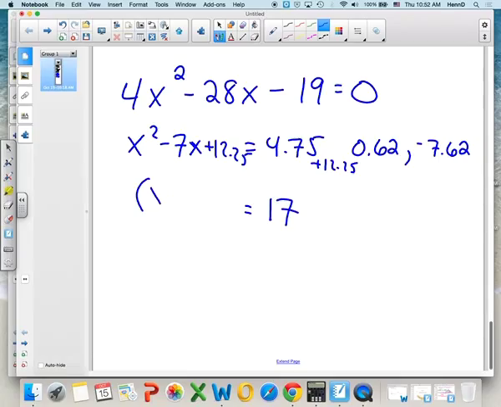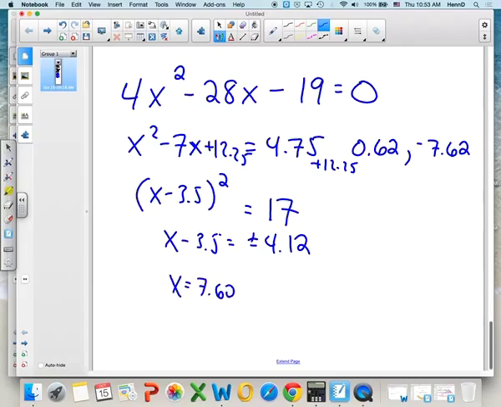Here, this is going to be x minus 3.5 squared. You square root both sides. The square root of 17 is plus or minus 4.12. And then you have to do 4.12 plus 3.5, which is positive 7.62. And then the other one would have been negative 0.62. So the signs were flipped.